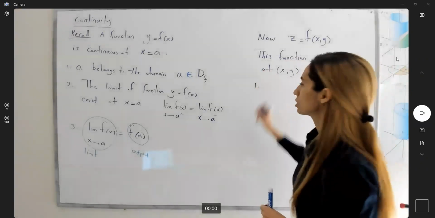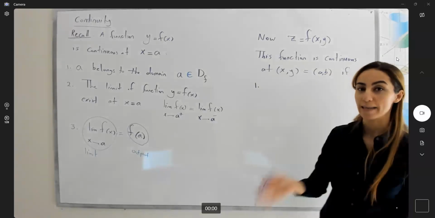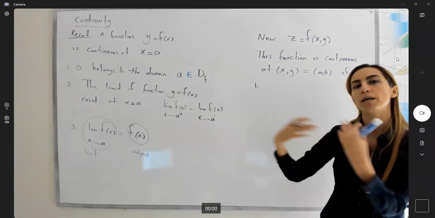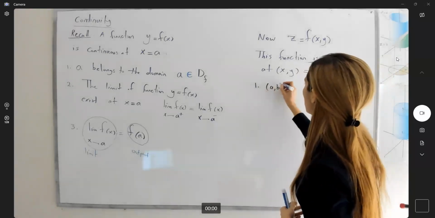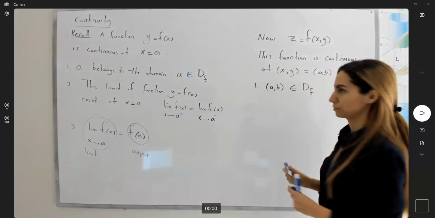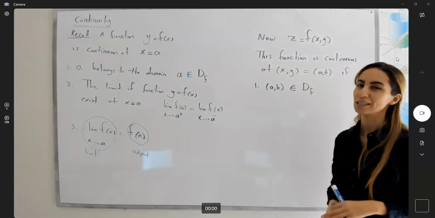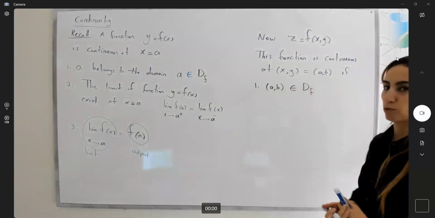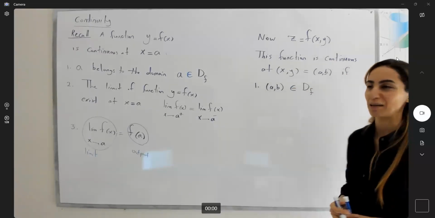The very first condition: that specific point, a and b, must be in the domain of the function. So a comma b belongs to the domain of the function. What's the meaning of that? It means that the output value z of the function is defined at that given point.